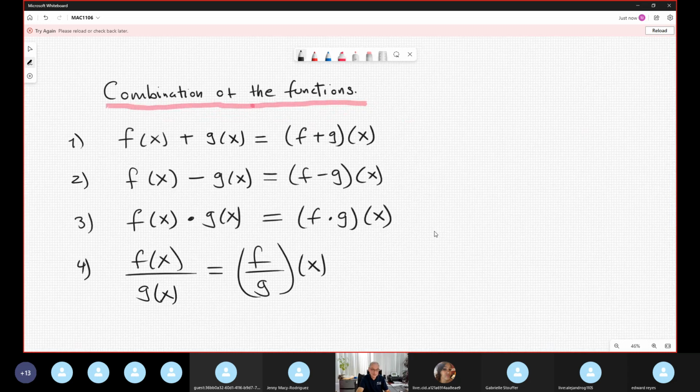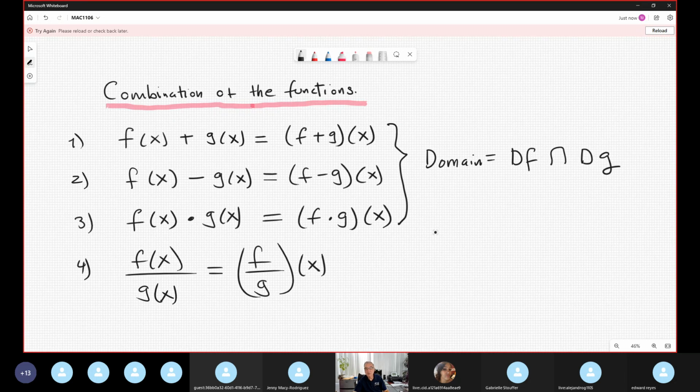The most important is the domain. So the domain of these first 3 cases, addition, subtraction, and multiplication, is domain of the first function intersection domain of the second function.